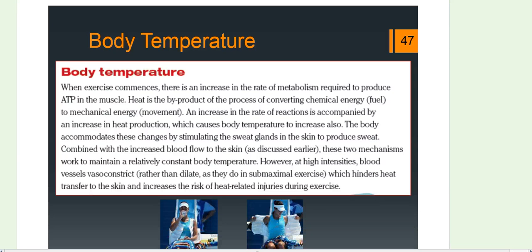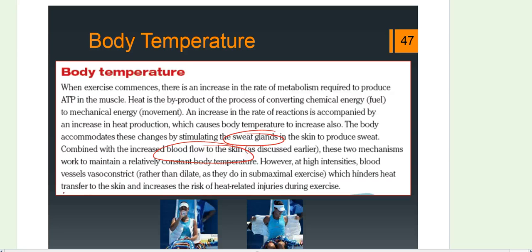Body temperature will increase as a result of physical activity because heat is released with the resynthesis of energy. So here, body accommodates these changes by stimulating the sweat glands. We have an increased blood flow to the skin so that we can, with convection, so that blood vessels dilate near the skin, so heat can then escape to the outside.